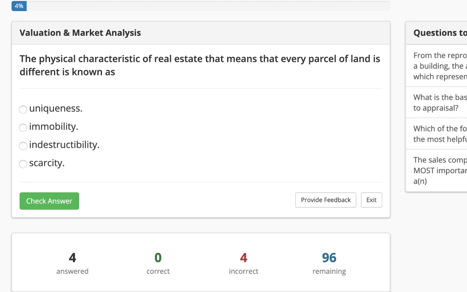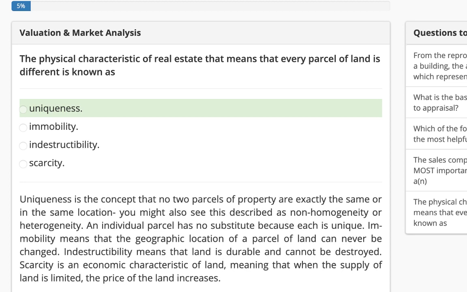Physical characteristic of real estate, which means that every parcel of land is different, is known as uniqueness. So, bonus question, is scarcity a physical characteristic? What do you guys think?